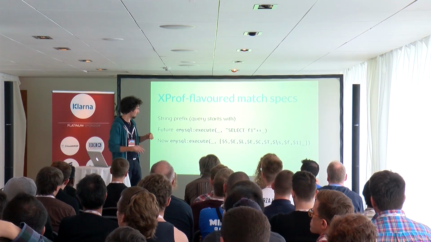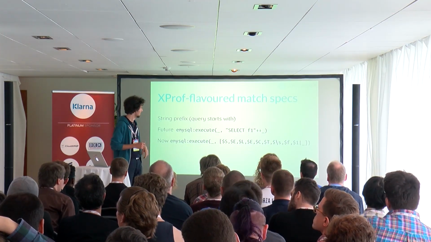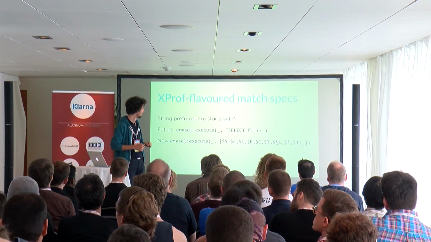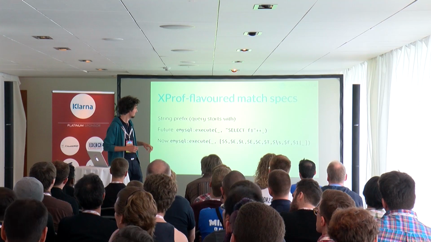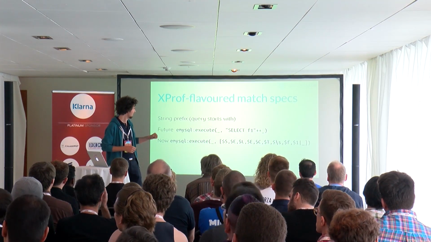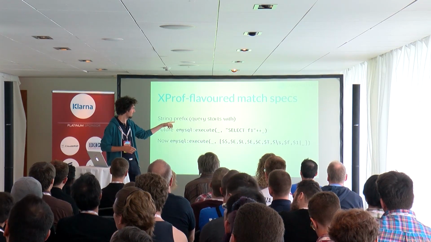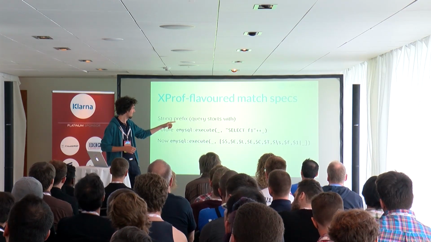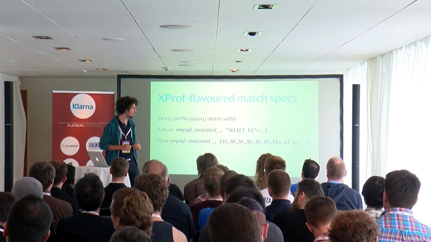This example will come up later, so I wanted to spend a little time on this. It would be very nice if we could support string prefix matching, so that we only measure emysql execute calls when the query starts with select F1. But unfortunately, that syntax is not yet supported because it needs some trickery.